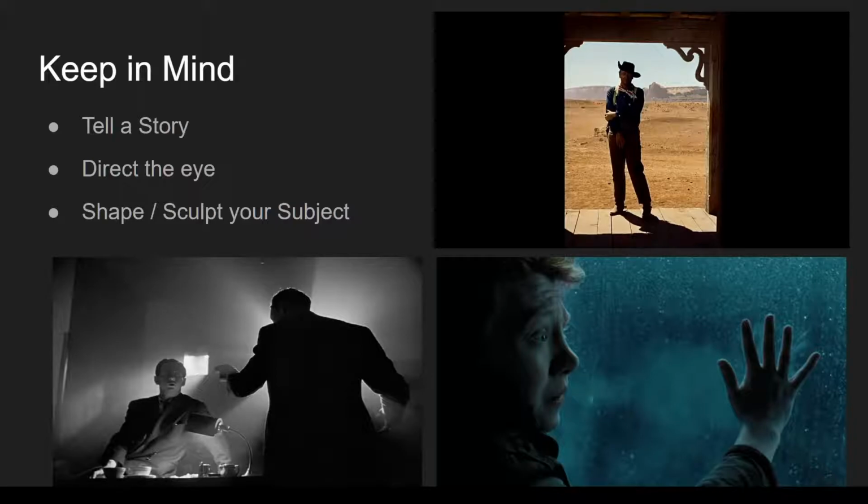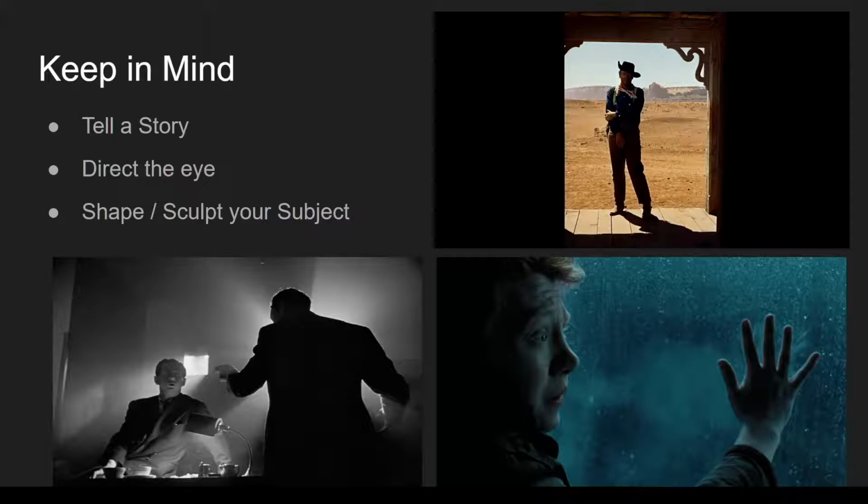We're trying to add emotion or context to our moment. We want to direct the eye in the composition, so using value and this idea of creating focal points with contrast and separating space. And we also want to use our light to shape and sculpt our subjects in an appealing way, and in a way that's easy to read them, or not easy to read them if that's the purpose of the shot.